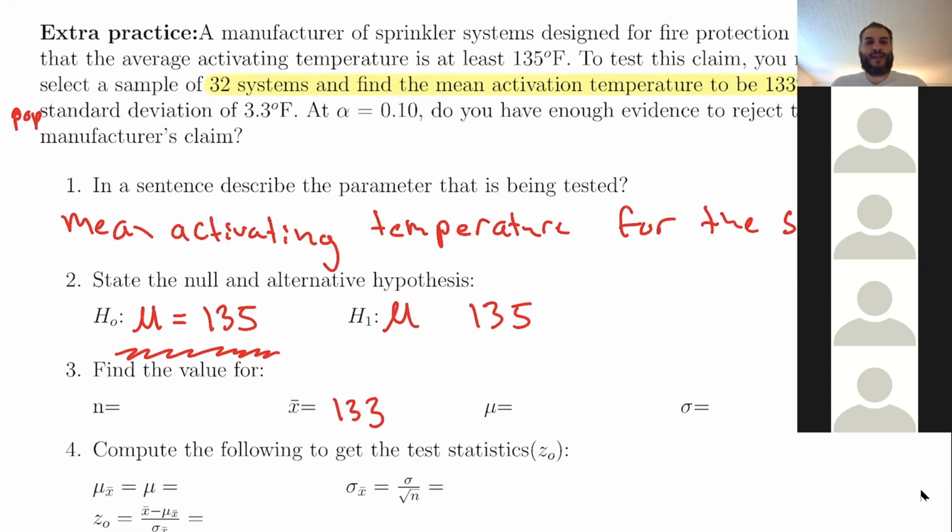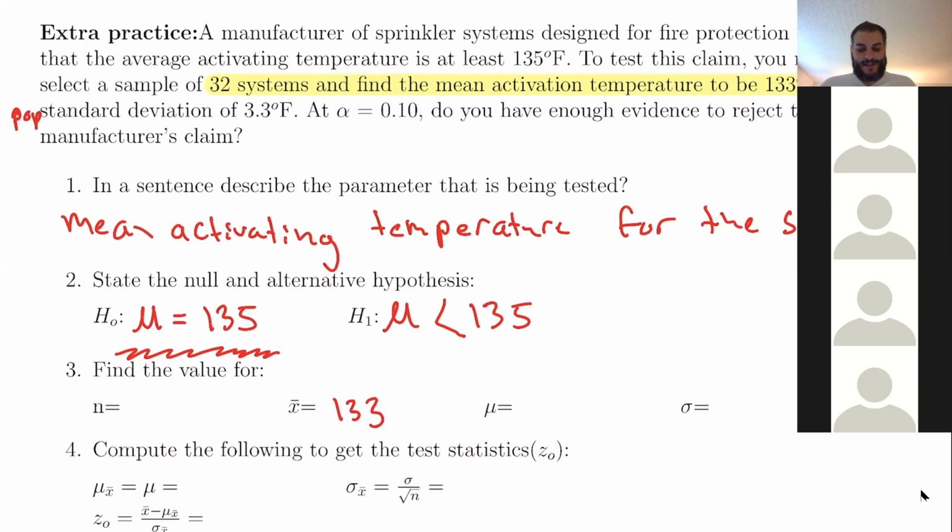But if you look at this one, we want to reject the manufacturer claim. So we're saying we don't believe the manufacturer. If I don't believe the manufacturer, what should I say for the alternative hypothesis? Yeah, good. We want to say it's less than, because we don't believe the manufacturer claim that it is 135 or higher. We're suspicious about that, and we think it should be less than 135. So for the alternative hypothesis, we're going to put mu is less than 135. All right. Everybody good with that so far?